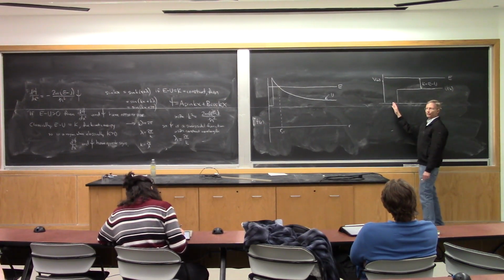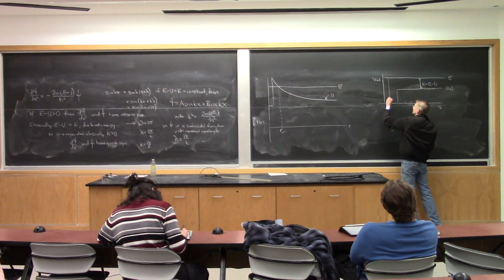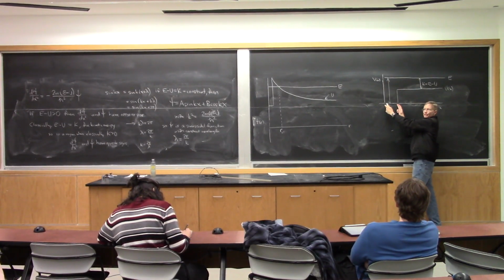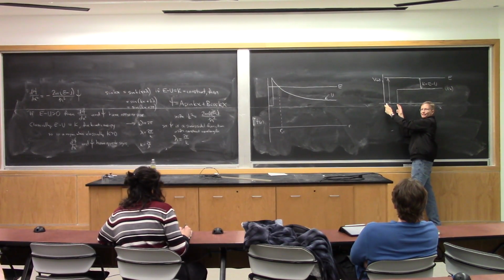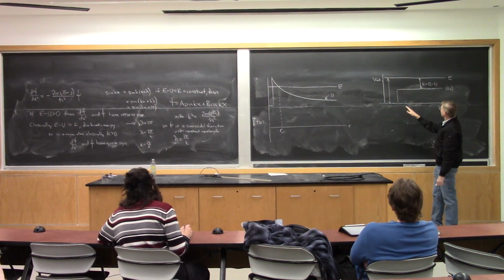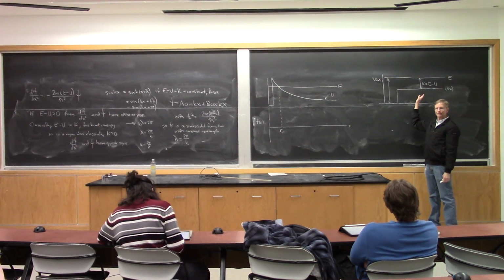What happens over here? Is the kinetic energy constant in this region? Yeah, because the potential energy is constant as well. The kinetic energy is just bigger here than it is here.